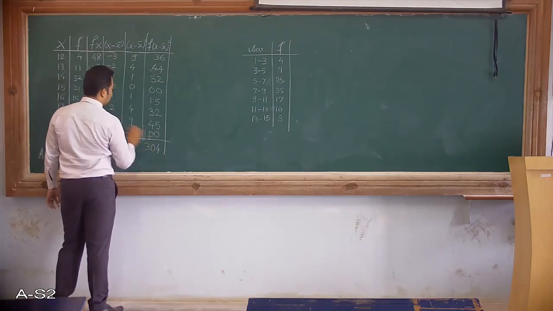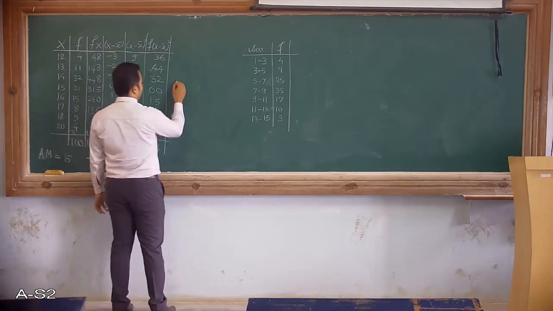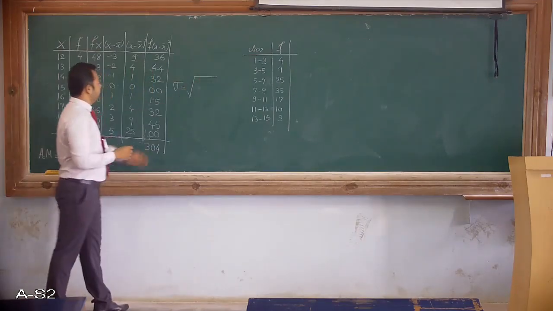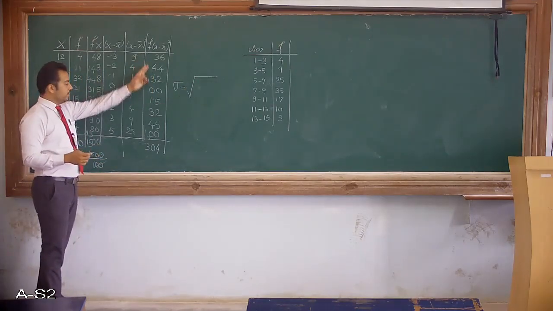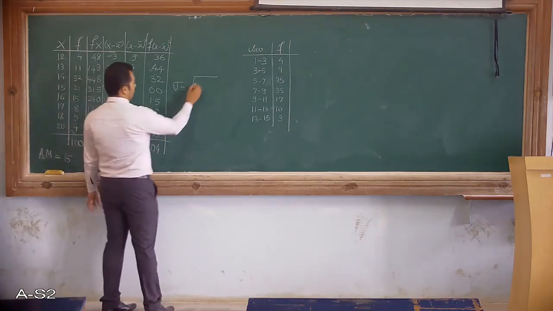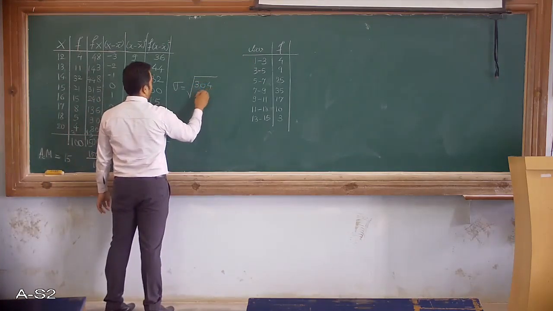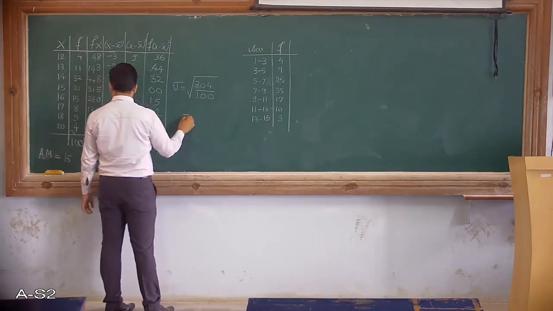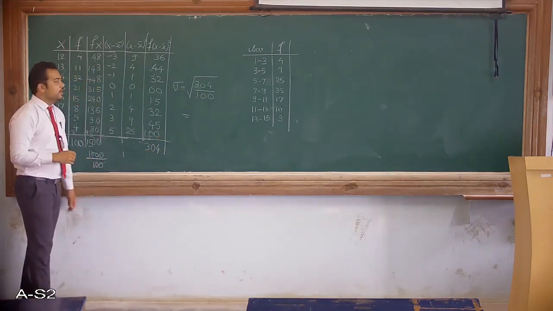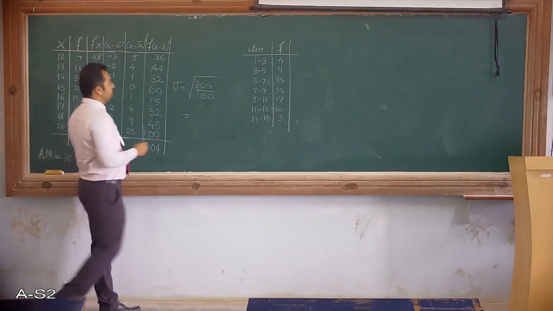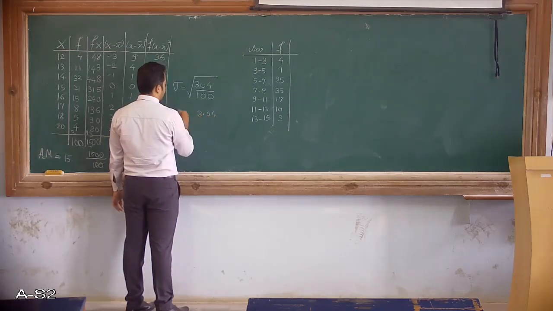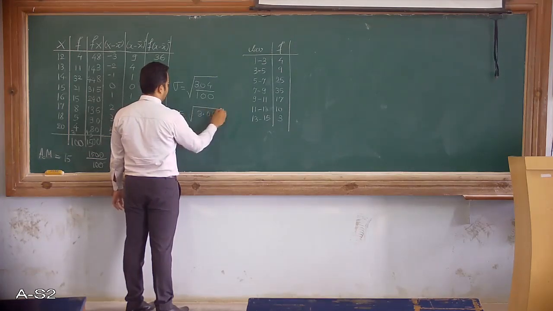is 304. As per our formula, it is the square root of the summation of frequency multiplied with the squares of all deviations, which is 304 divided by 100, the summation of all frequencies. So 304 by 100 gives you 3.04, and its square root we need to calculate.